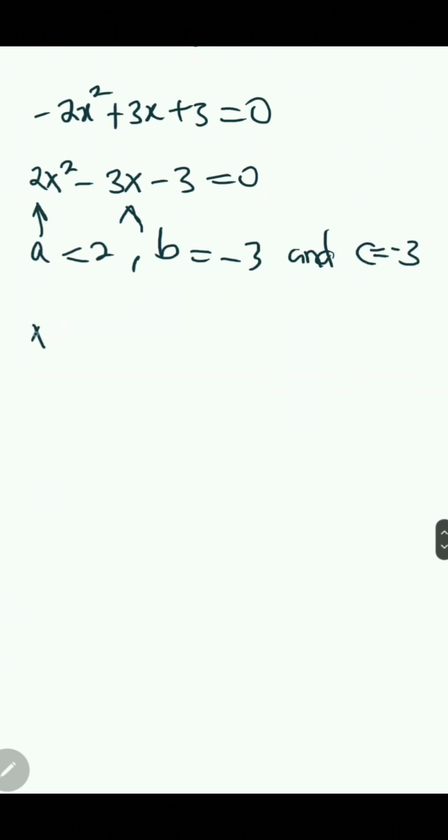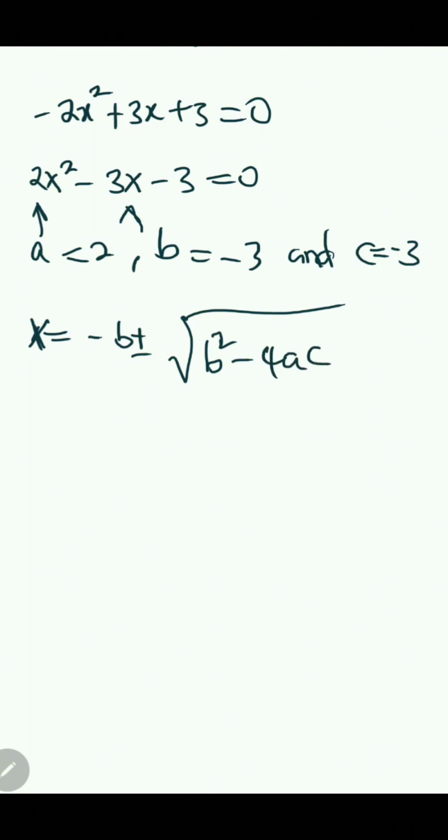To now solve for x, we're going to use the quadratic formula, which is that x is equal to negative b plus or minus the square root of b squared minus 4ac, over 2a.